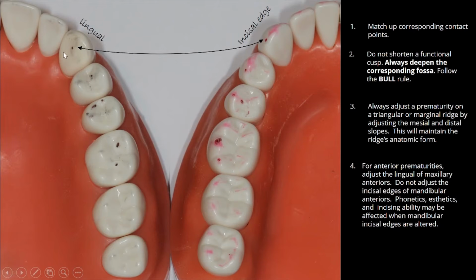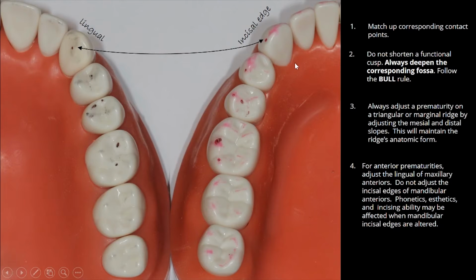Another reason is aesthetics. When you adjust the lingual of the upper teeth, obviously that doesn't show, it's not visible to anybody, so you're pretty safe adjusting that. Whereas if you adjust the lower mandibulars, those teeth get shorter and shorter and may not look as natural, or may have a worn down look to them. And then the last part is incising ability.